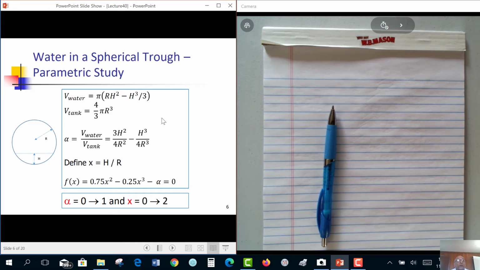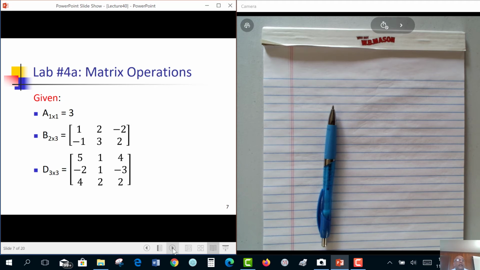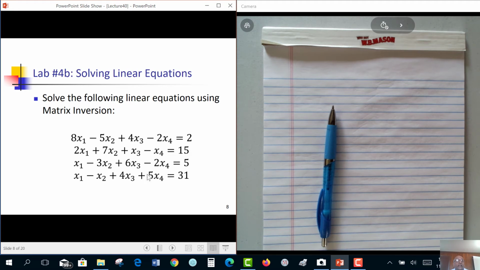So then in our Lab 3, you solved a real practical problem. It was a geometric problem of water in a spherical trough. Then we learned some matrix operations, how to do linear algebra with Excel. And then again, I gave a very simple example, but in principle, you can use this Gauss-Seidel method to solve a large system of size millions, if you like.